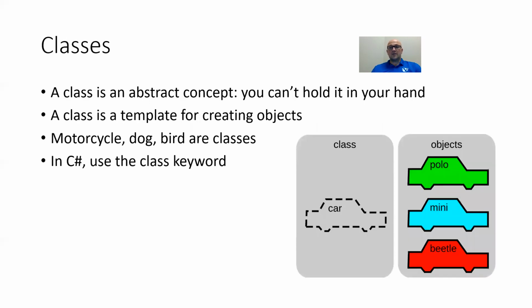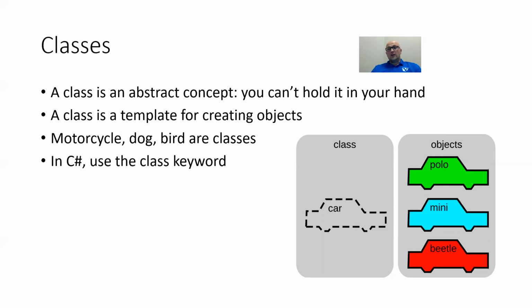Okay, the first concept you need to be familiar with is a class. If you did Intro to C#, you know that we just kind of typed class because I told you to. And you need to know that you can create many classes, and a class is really just like an abstract idea. It's a template, it's a concept. It's not something that you can hold in your hands in the real world, okay?